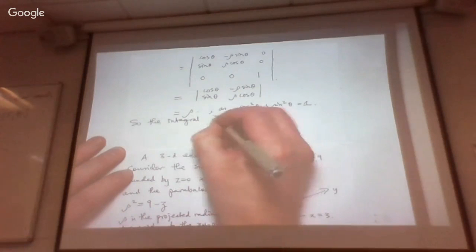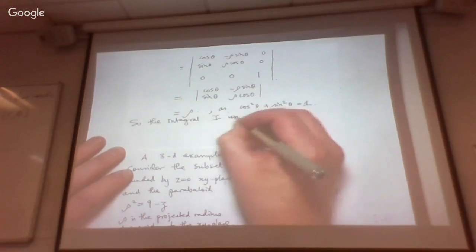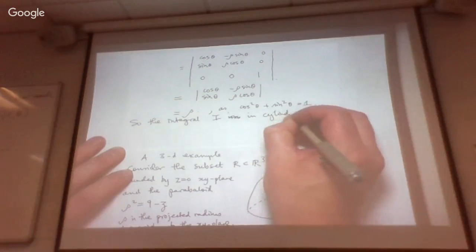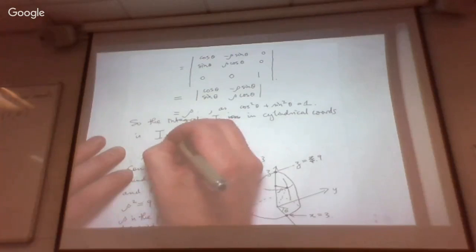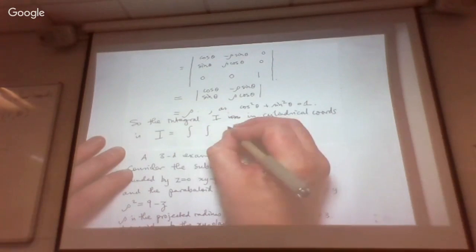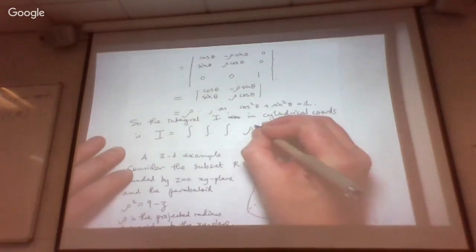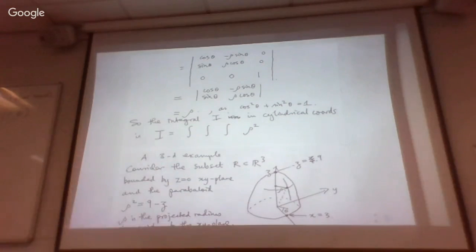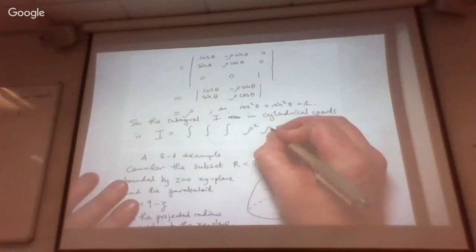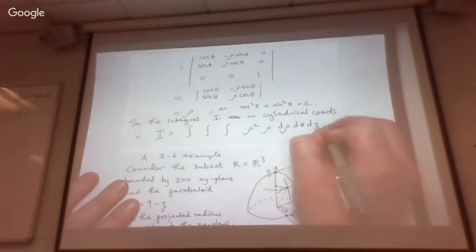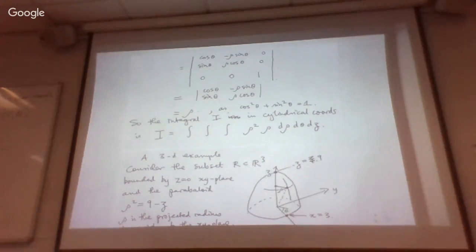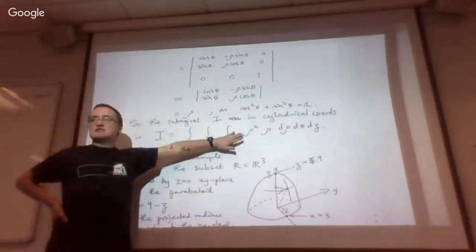So the integral I in cylindrical coordinates is rho squared, then the absolute value of the Jacobian is rho, and then you've got your d rho, d theta, dz. Okay, so it's a triple integral. So we've got 6 limits of integration to decide upon.